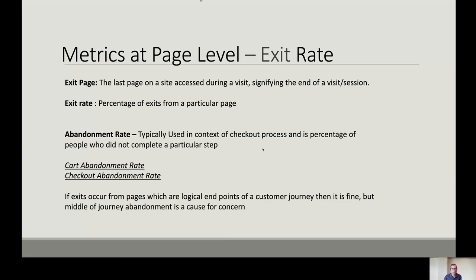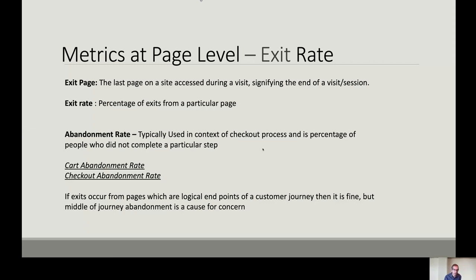Okay. Now, the abandonment rate can be divided up based on the part where the abandonment occurred. So you can think of a cart abandonment rate. This means that a user added an item to a cart, but left it at that and did not go forward, right? So this is a cart abandonment rate.